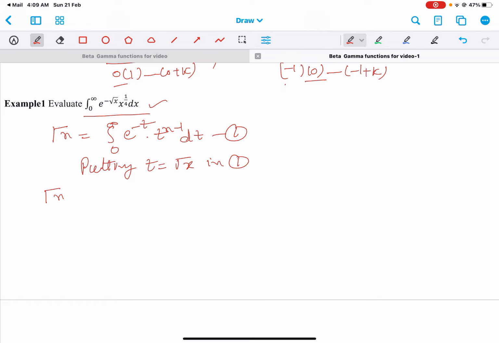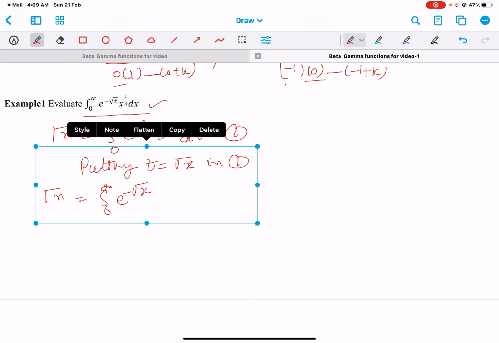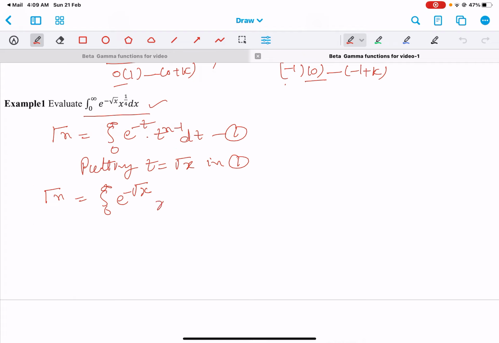So my gamma n will be defined by integral 0 to infinity e to the power minus root x into x to the power n by 2 minus half into 1 by 2 x to the power minus 1 by 2 dx, because here dt will be nothing but 1 upon 2 root x dx.